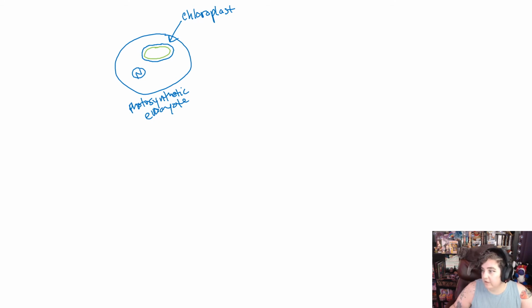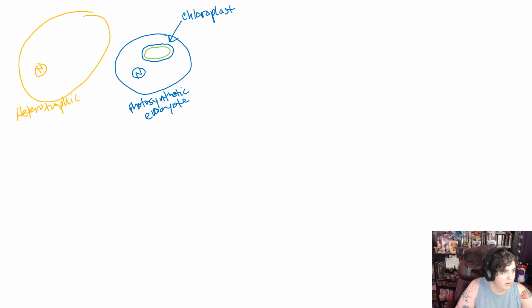Okay, so now what's going to happen is we are going to have a larger eukaryote, okay, that is a heterotrophic eukaryote, okay, and that eukaryote is going to engulf this photosynthetic eukaryote.